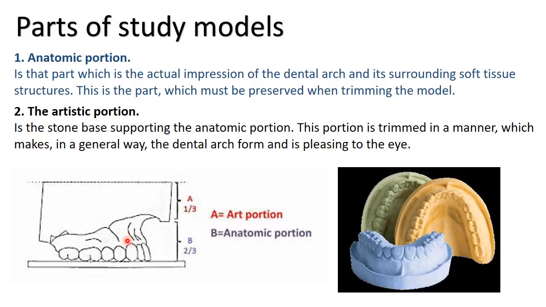So this is the anatomic portion, consisting of the teeth and the soft tissue. The second part is the artistic portion, the stone base supporting the anatomic portion, and this portion is trimmed in a manner which makes the dental arch form, in a general way, pleasing to the eye. So this is the artistic.